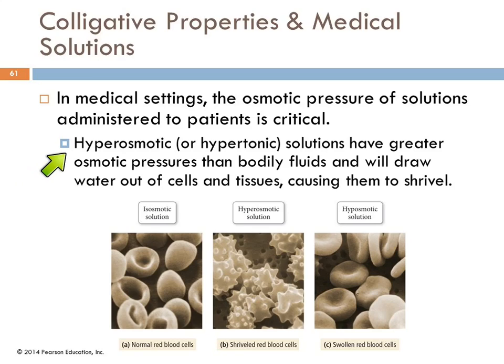So hyperosmotic, another word they use is hypertonic, meaning it has a higher osmotic pressure than bodily fluids. It's a higher concentration, and that will draw water out of your blood cells and cause them to crenate, shrivel up, and get all pointy.